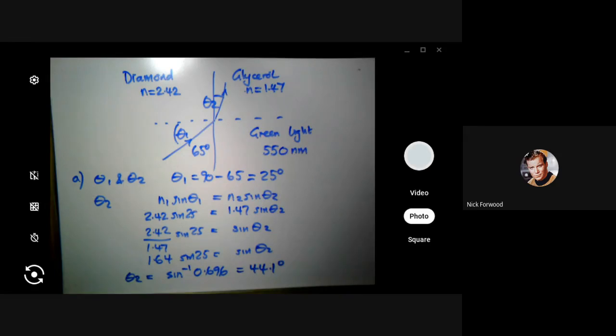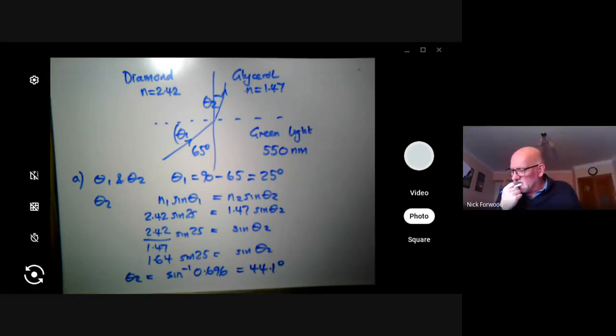Ignore my waffle, but just follow the writing. I was trying to do things a bit too far in advance there. So that works out right, and that's the correct answer.